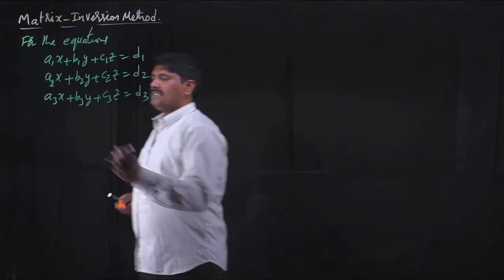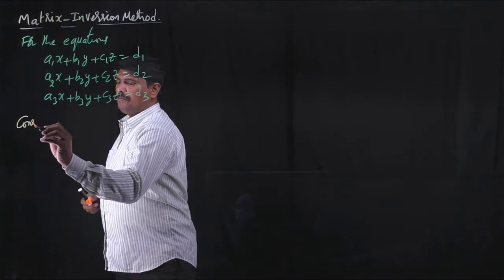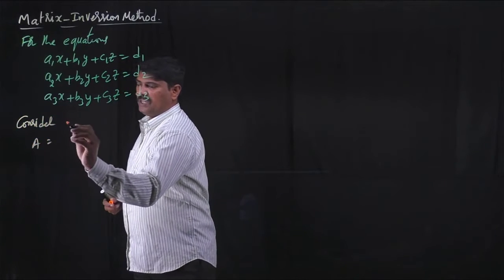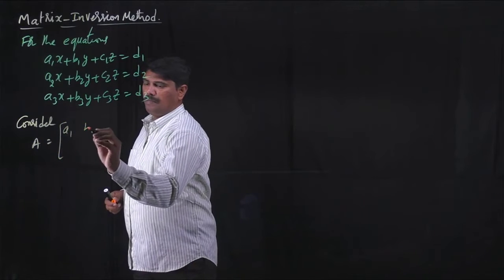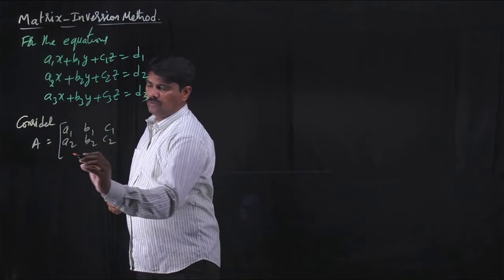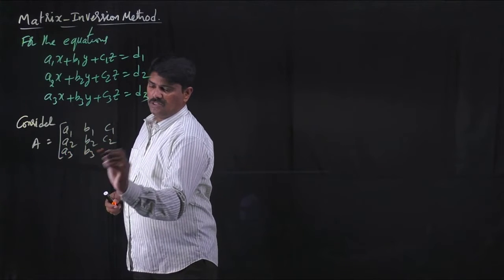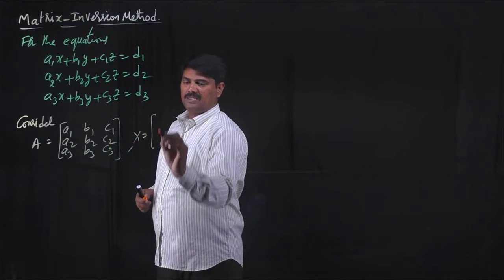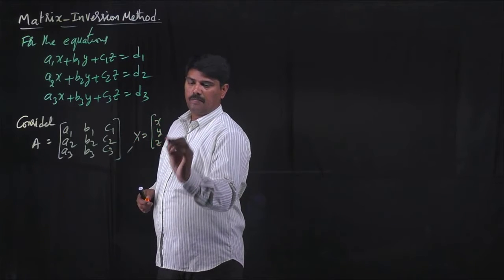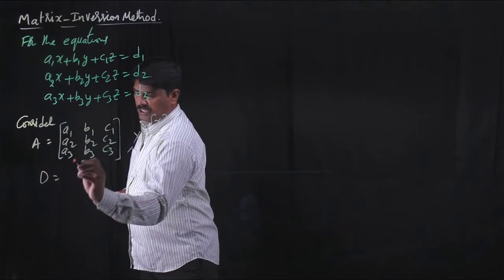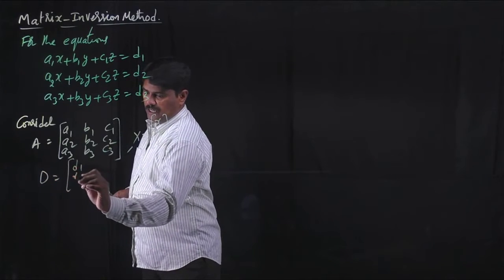Now considering their matrix formats, the coefficient matrix A is [a1 b1 c1; a2 b2 c2; a3 b3 c3], X is the variable matrix, that is x, y, z, and D is the constant matrix, which is d1, d2, d3.